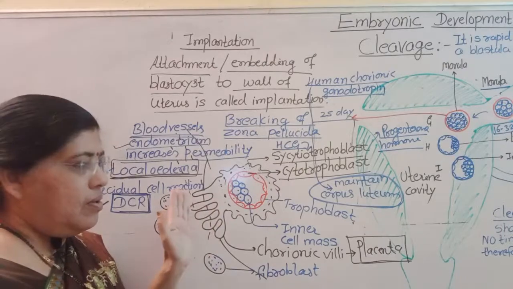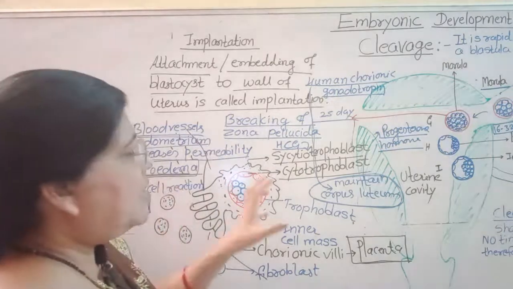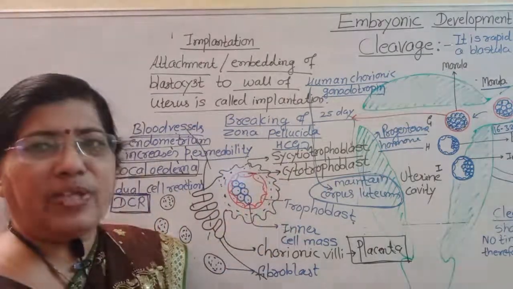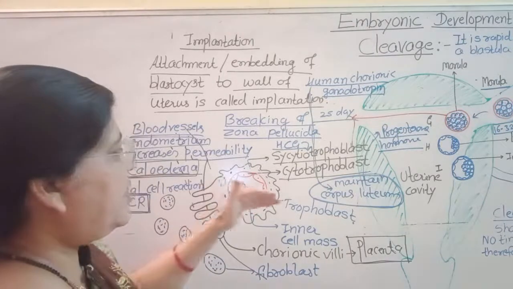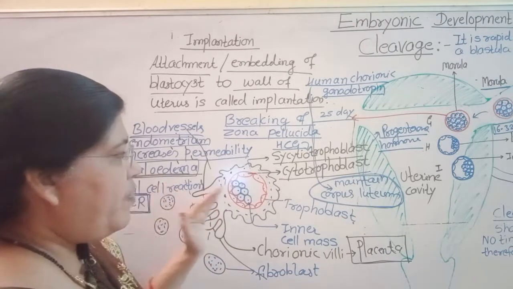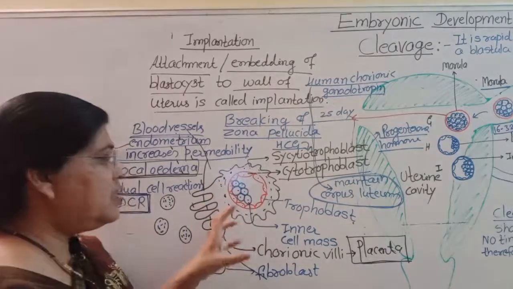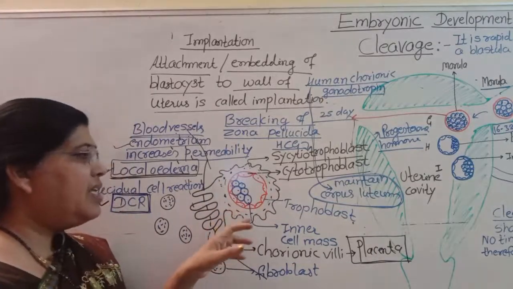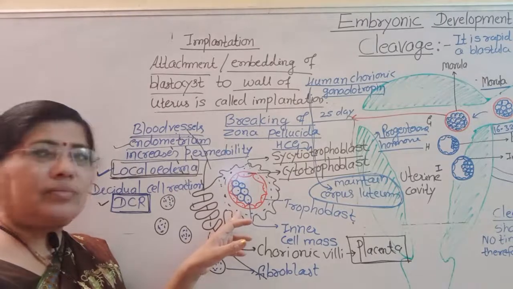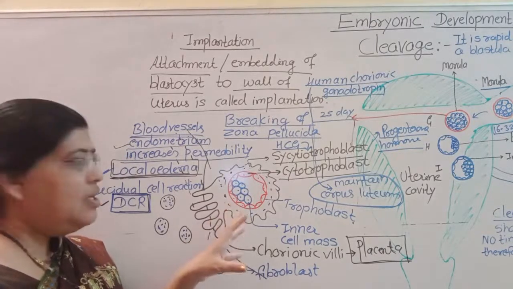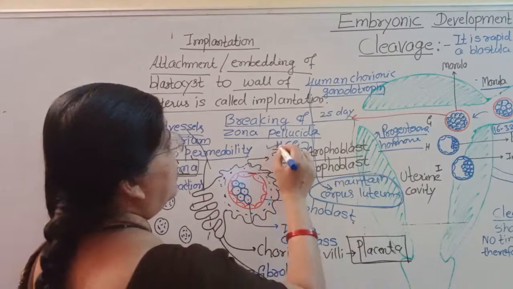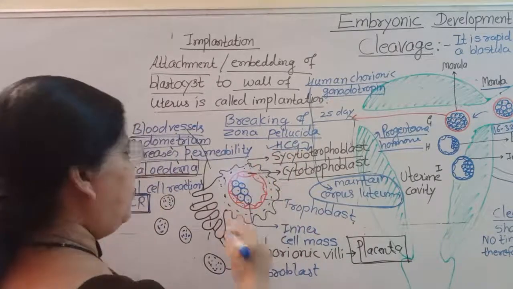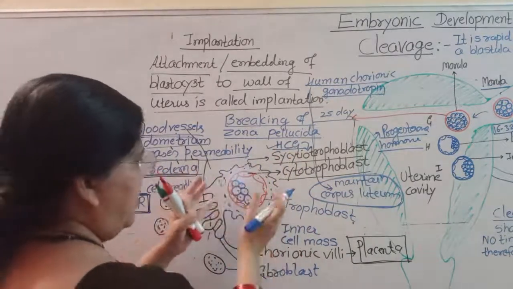So if we count the days from menstruation, then that day will be the 25th day of menstruation, or if we count the day after fertilization, it is the 10th day of fertilization. So at the 10th day of fertilization, HCG, human chorionic gonadotropin hormone formation takes place by embryo.